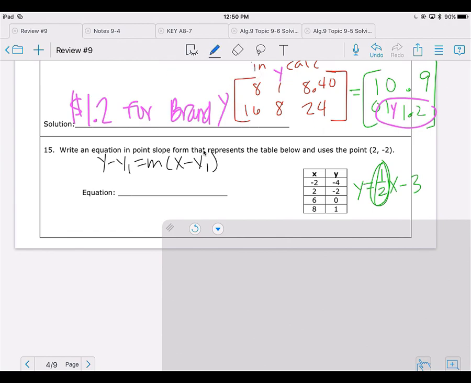So from my calculator, I have the m, which is 1/2. I got that from stat edit. And then I have x1 and y1 here. X1 is a -2. Y is going to be a +2 because I changed the sign when I plug into point slope.